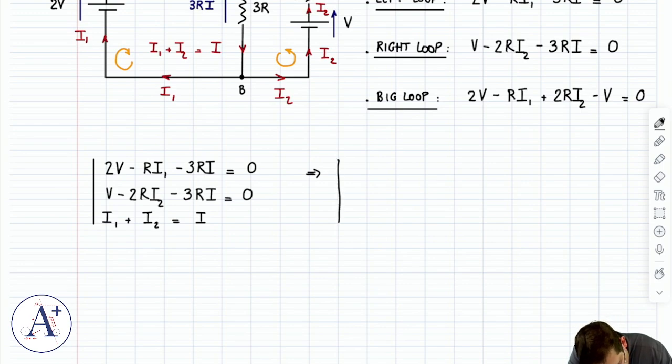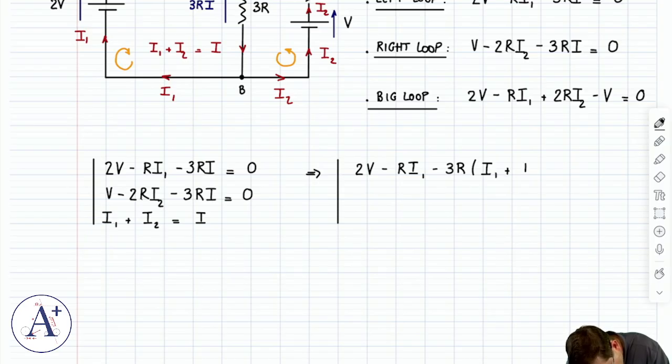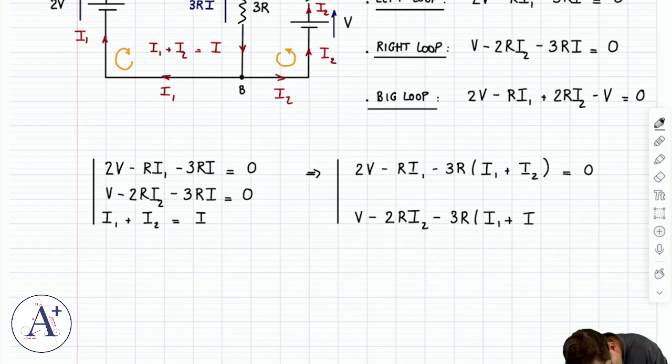All right, so then 2V minus R I1 minus 3R times (I1 plus I2) is equal to 0. And then the second equation is V minus 2R I2 minus 3R times (I1 plus I2). It's going to be 0.